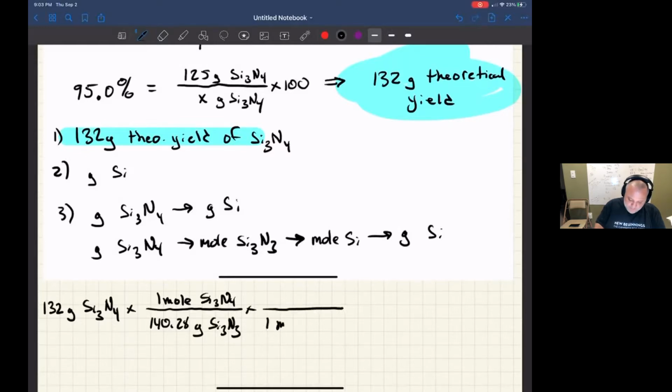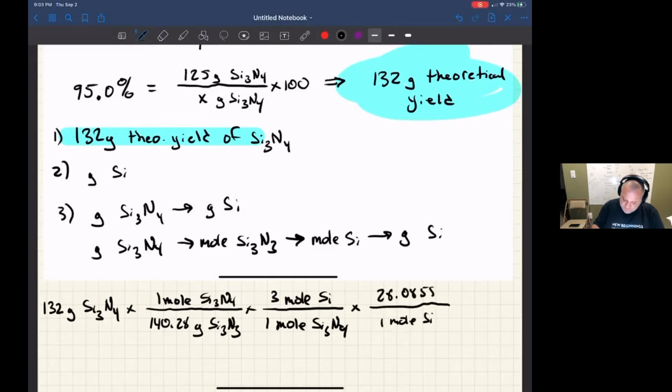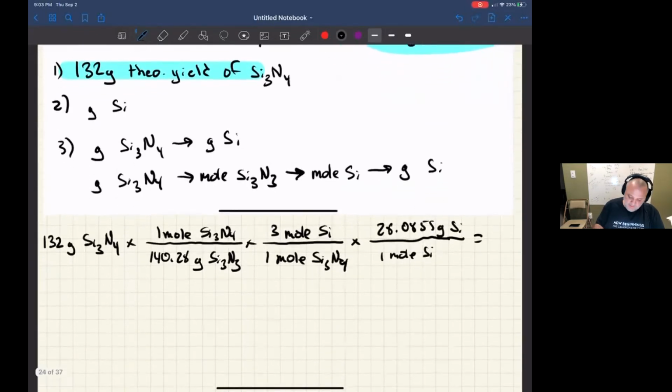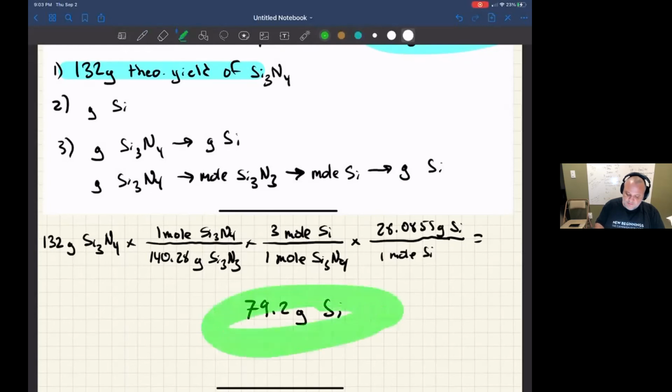From this balanced chemical reaction, 1 mole of silicon nitride requires 3 moles of silicon. And the molar mass of silicon from the periodic table says that 1 mole of silicon is 28.0855 grams of silicon. When I put this into my calculator, I get 79.2 grams of silicon. And that is the final answer.